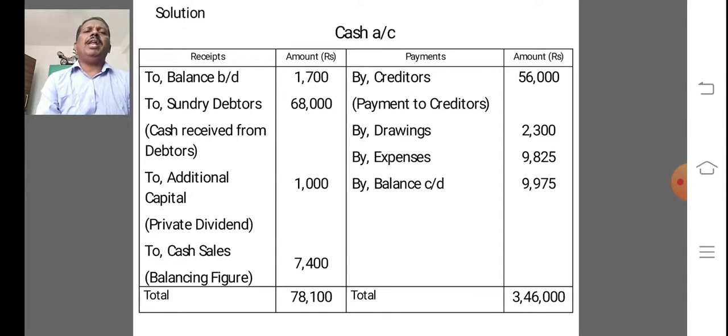To opening balance, to balance brought down 1,700. Next one is to sundry debtors, that is cash received from debtors 68,000. Additional capital 1,000. It is given in the form of private dividend.